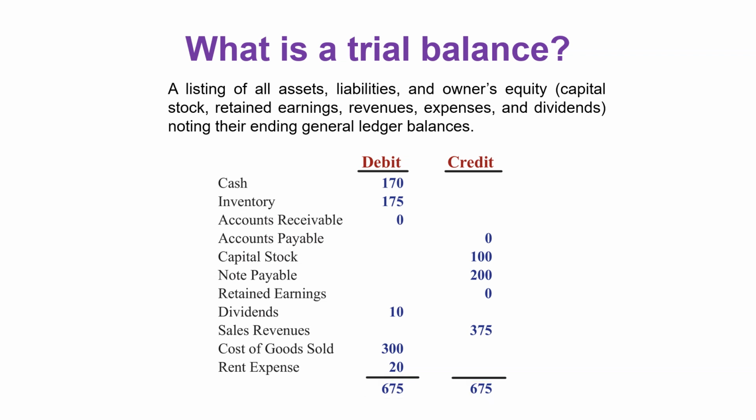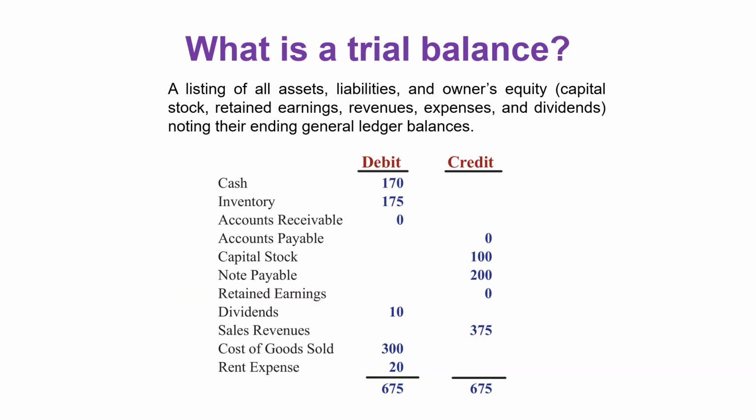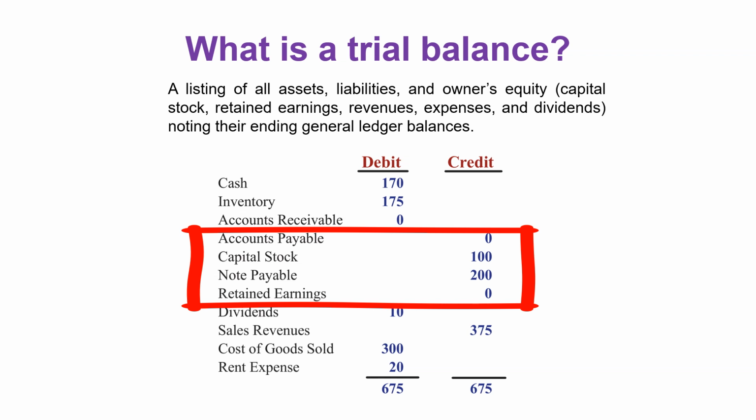This number is not total assets because, yes, assets, cash, inventory, accounts receivable, will have debit balances, amounts of cash and inventory, but expenses also exist as debit balances. We've had $10 of dividends. Cost of goods sold is an amount of $300. So this is not total assets. It is simply the total of all accounts that have a debit balance. And on the credit side, it is not just all liabilities or even owner's equity. I mean, it's every account that has a credit balance and simply the total.